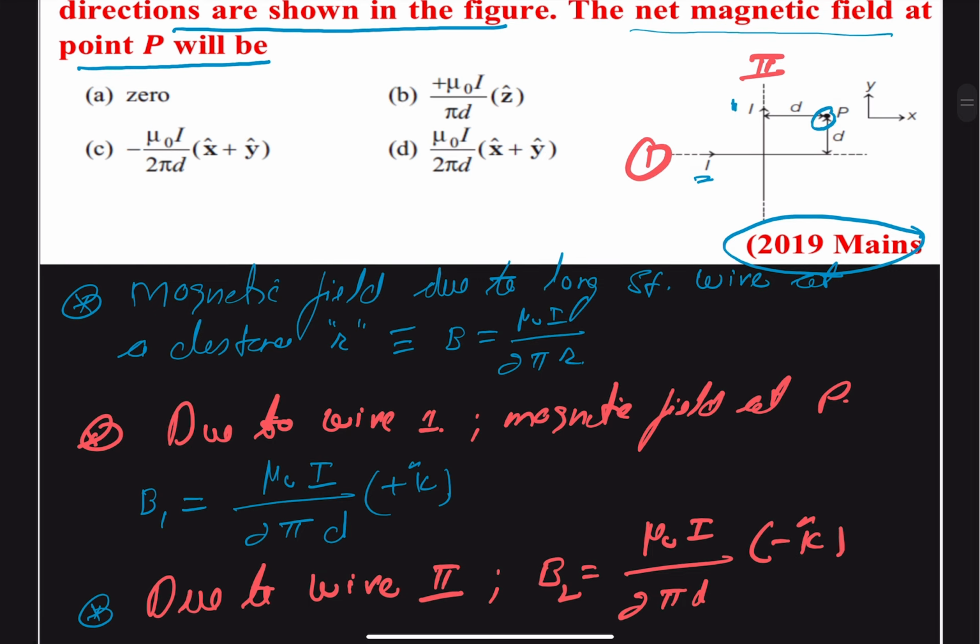So because of this wire 2, the magnetic field will be minus k, and due to wire 1 it will be in plus k.